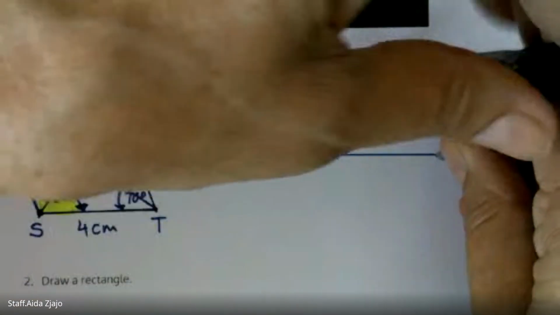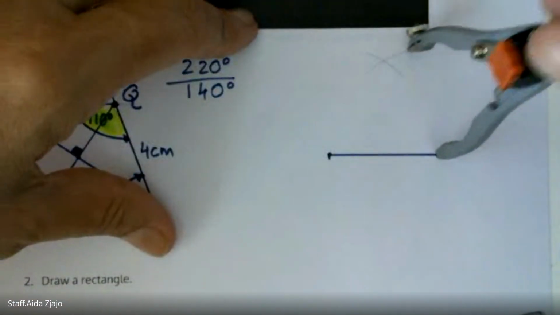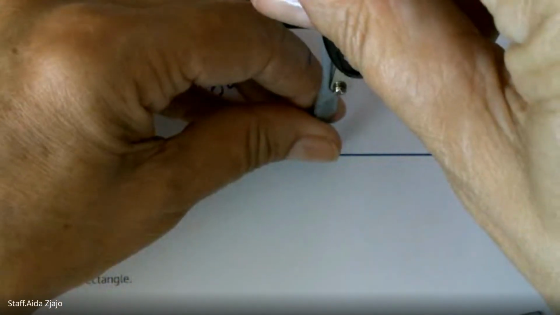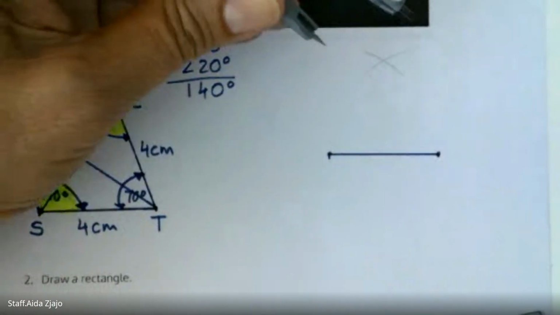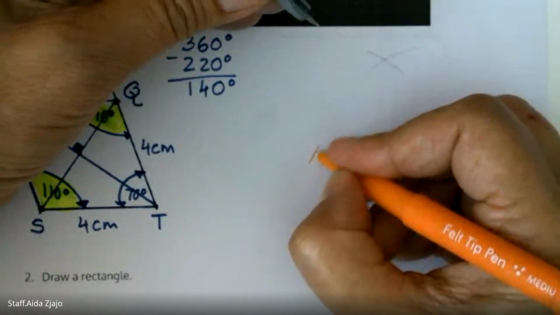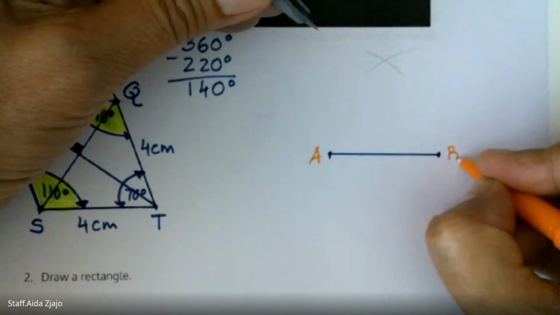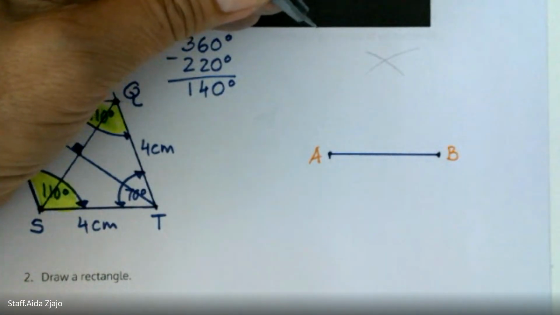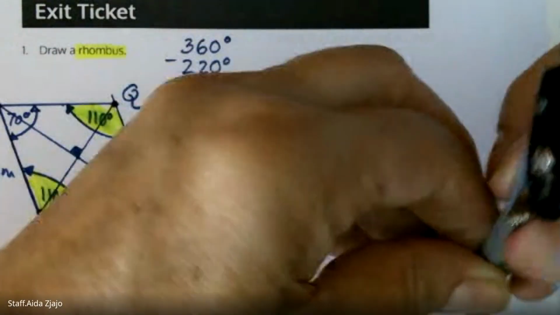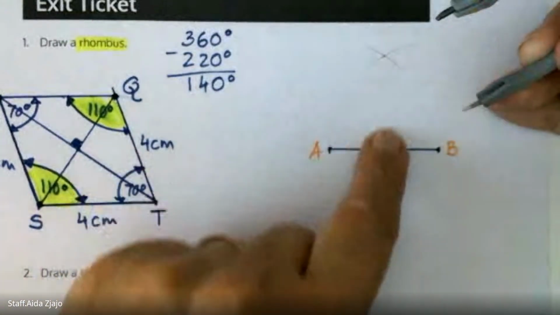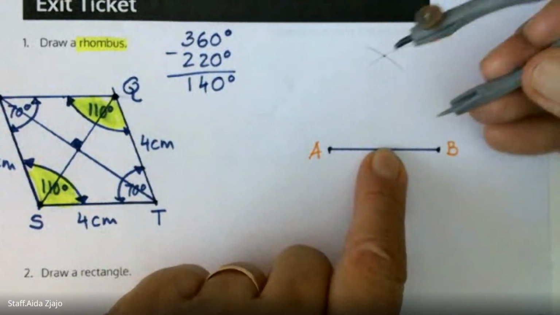And if I make a little bit of arc from one side and from the other side, if I put this to be A and B, for example, then this is going to be the point where I'm going to make a perpendicular line to it.